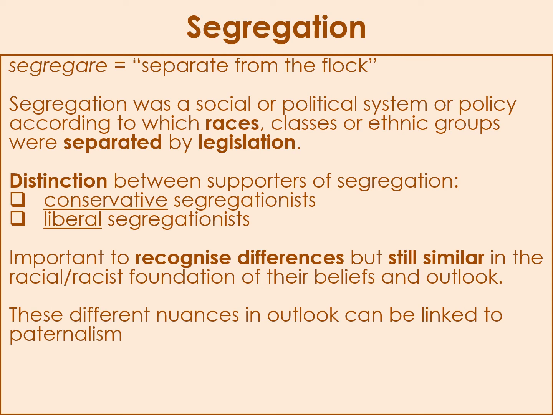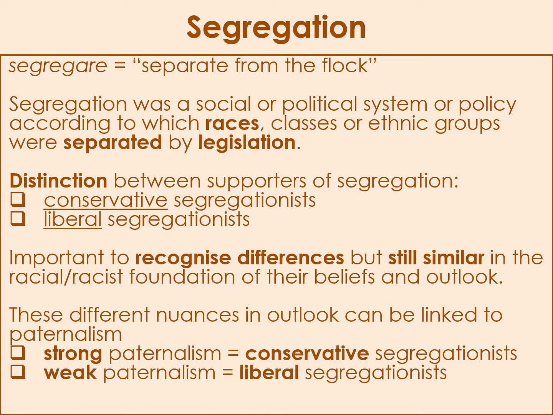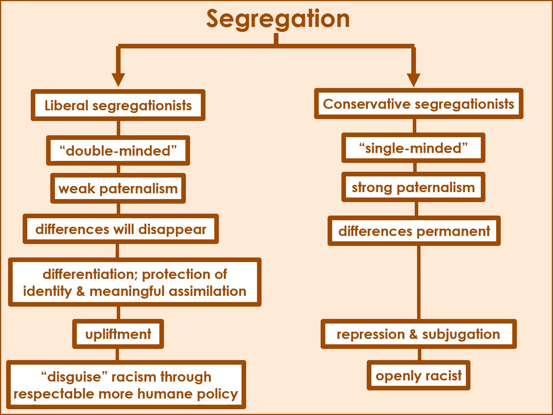These different nuances in outlook can be linked to paternalism, namely strong paternalism corresponds to the view of conservative segregationists, while weak paternalism to the view of liberal segregationists. The following diagram indicates the main differences and nuances between liberal and conservative segregationists.